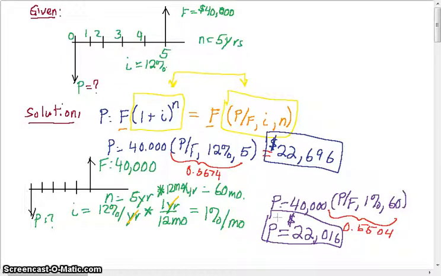If it says the monthly rate is 12%, then that's what it is every month, and we don't need to divide by 12 or anything like that. But if it says that the interest rate is 12% compounded monthly, that is when we need to divide it. So that's the two different ways.